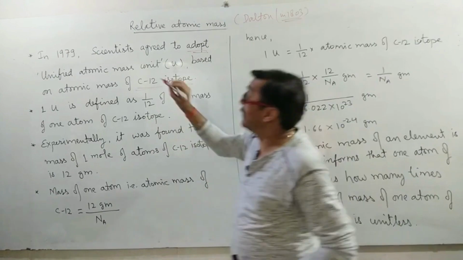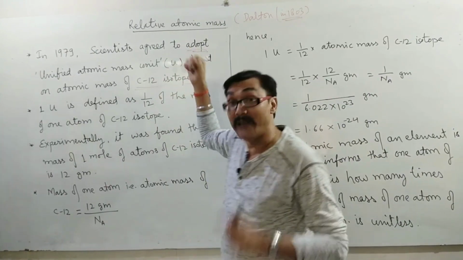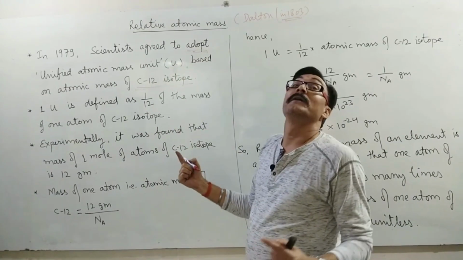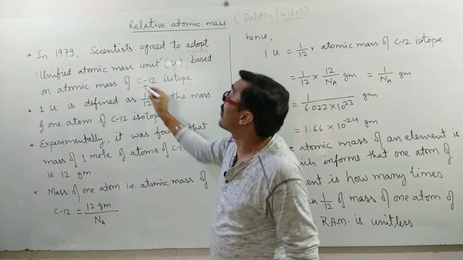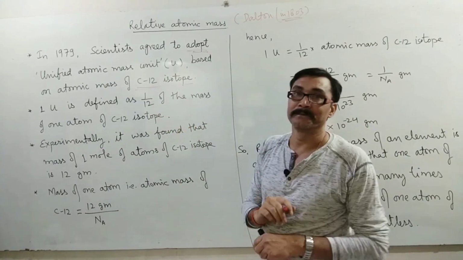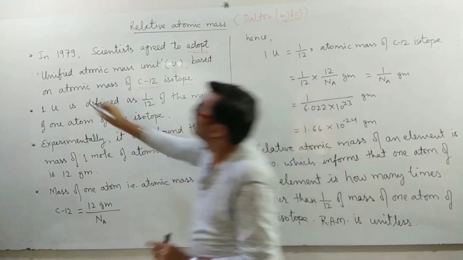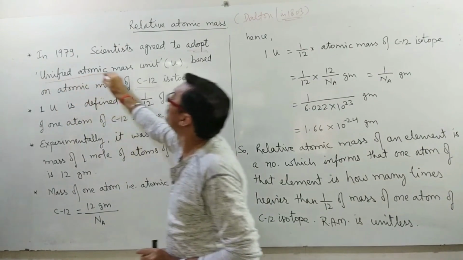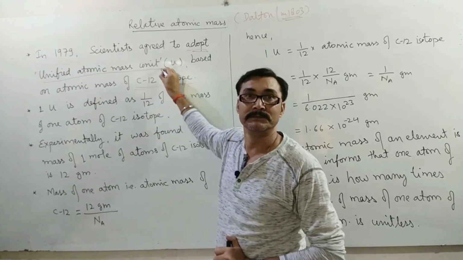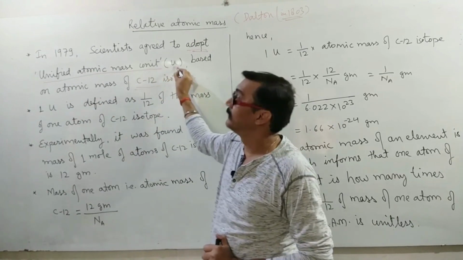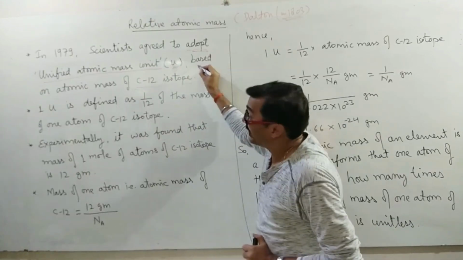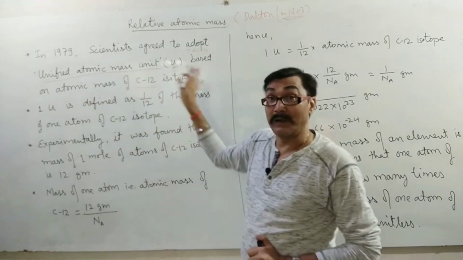That is, relative atomic mass is now compared with the mass of the carbon-12 isotope, and they use the unified atomic mass unit, symbol U, based on the atomic mass of the carbon-12 isotope.